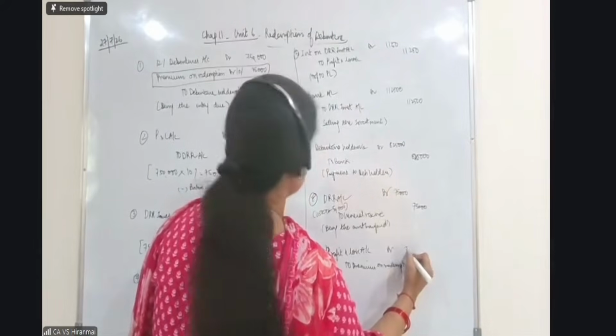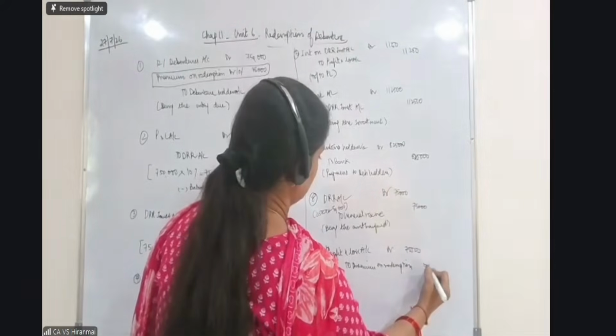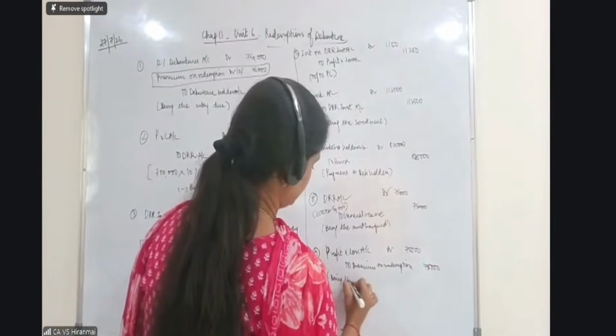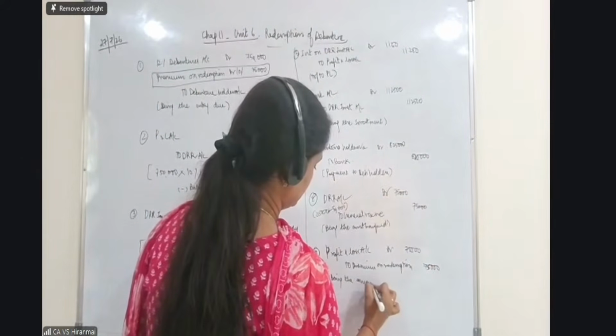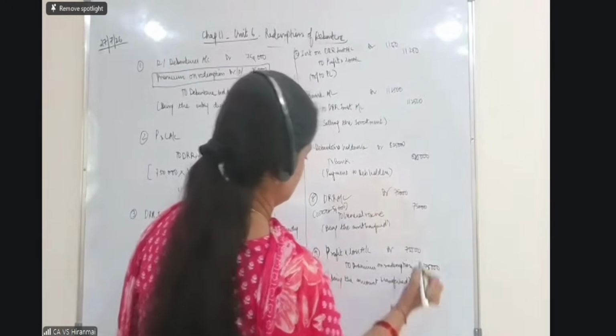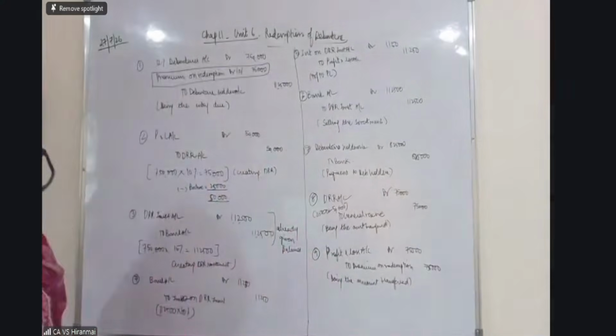That is 75,000 and 75,000. That's all. This much are the entries. So 9 to 10 entries for a complete debenture question will come here.